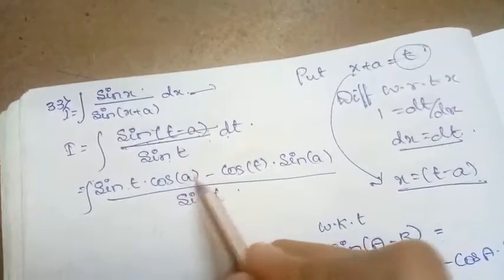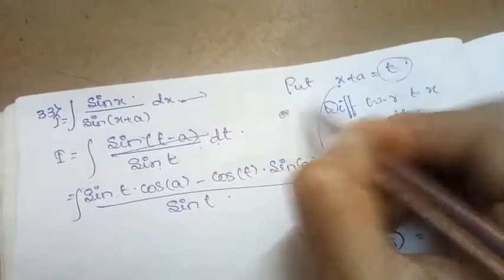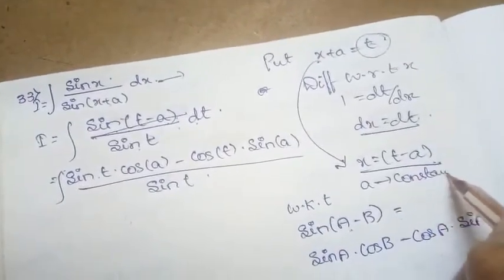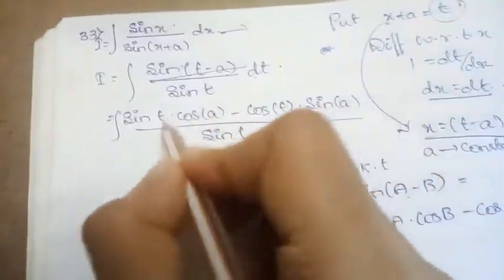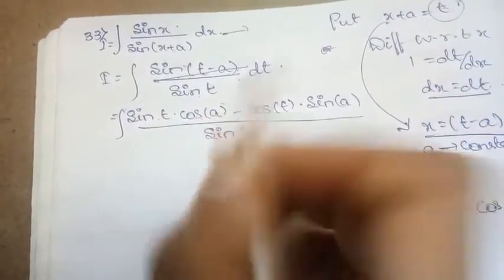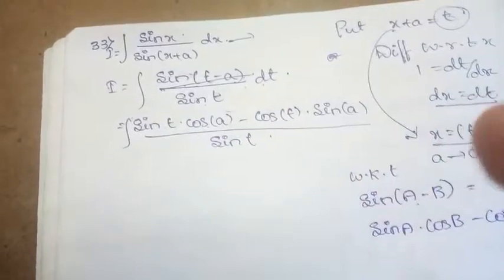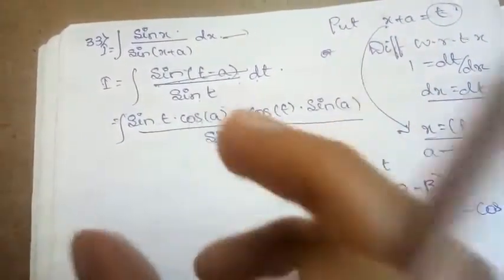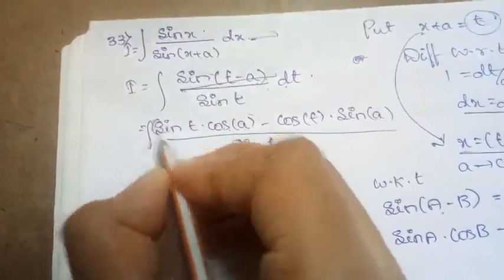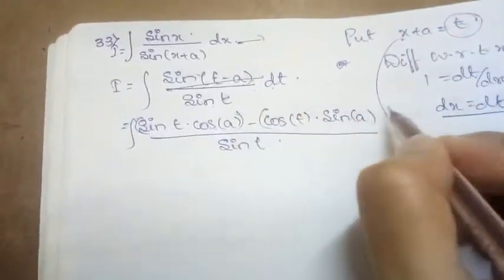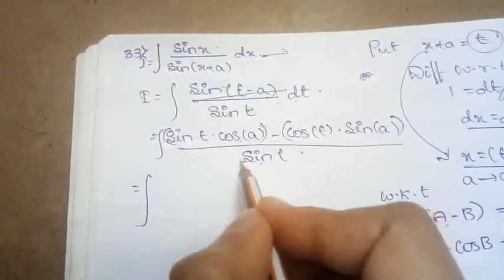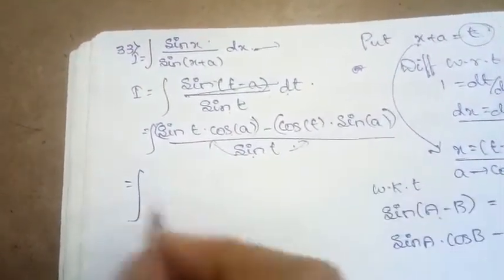Clearly, a is a constant here. Whatever the variable a is there, that is constant. So cos a is a constant, because if a is some real number, then cos of that real number is some value. We have two terms in the numerator, so I will split it, since this sin t belongs to both terms in the numerator.